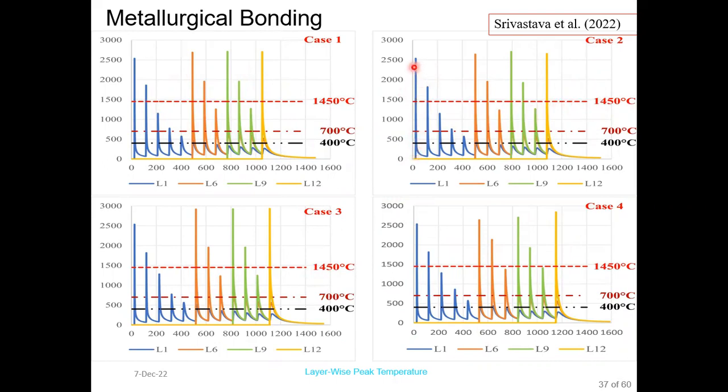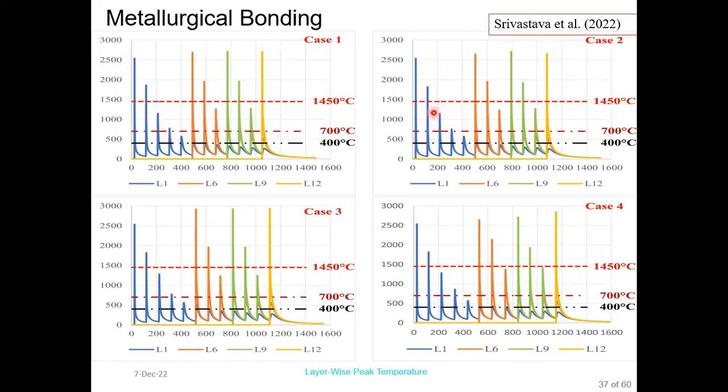During the deposition of the first layer, we can see that the temperature goes way beyond 2500 degrees Celsius in all the cases, as the heat input for the first layer is the same in all the cases. However, during the second layer deposition, the temperature of the first layer, represented by the blue line, exceeds that 1450 degrees Celsius value, which is the melting point of the feedstock.